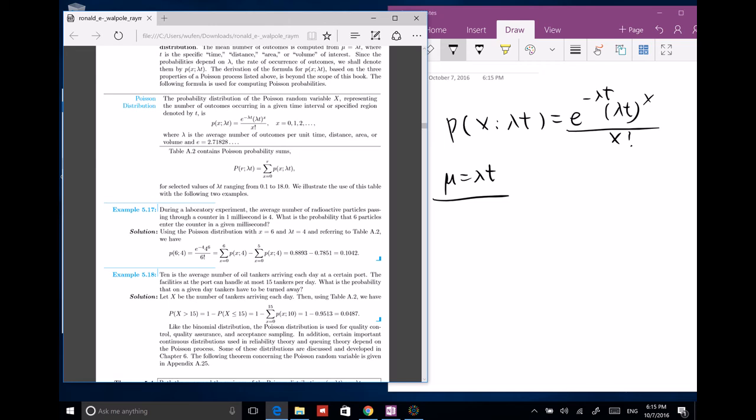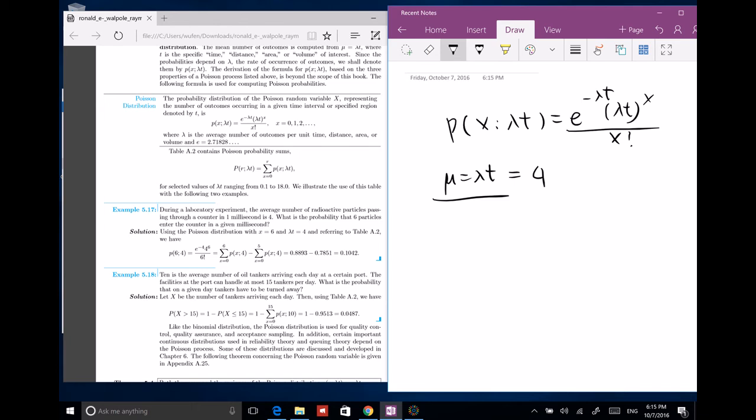So now mu equals 4 for this one. This is Example 5.17. You plug it in: lambda t equals 4, so e to the negative 4, and for 6 particles, 4 to the power 6 over 6 factorial. You can use a calculator to do this, or you can use the distribution table.